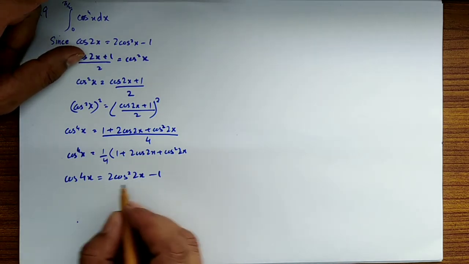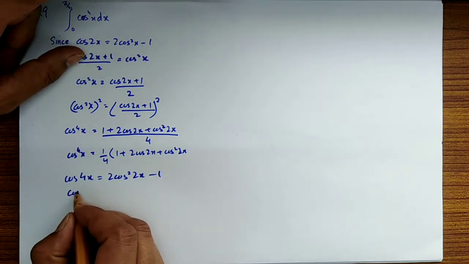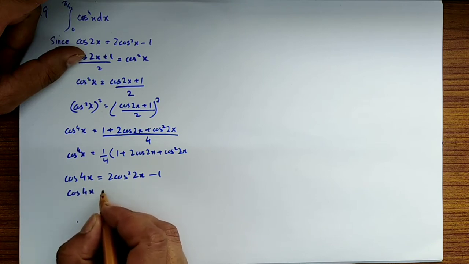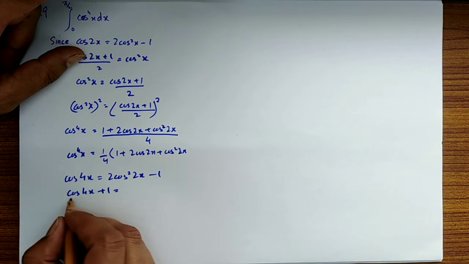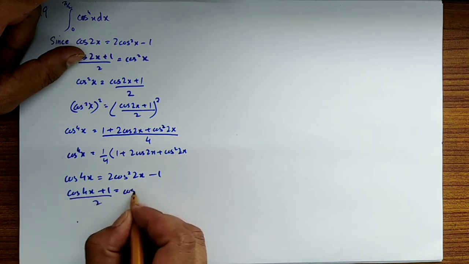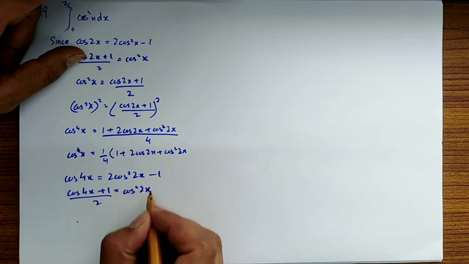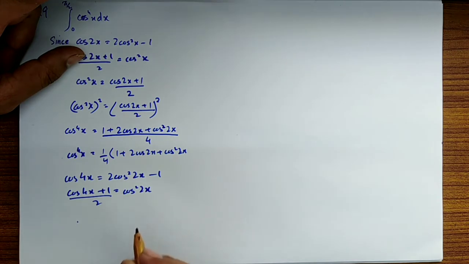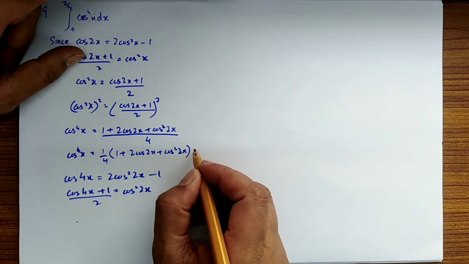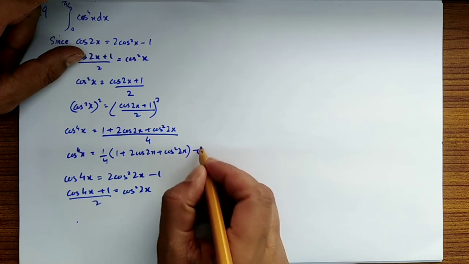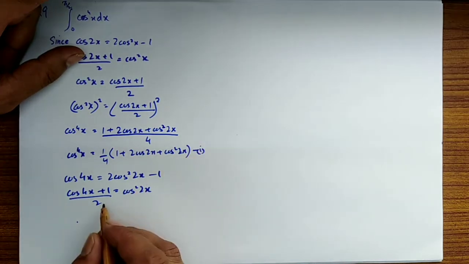So we can also rearrange this one, cos 4x plus 1, and also move this 2 into the denominator. That gives cos square 2x, right? Now we are going to use this by putting this cos square 2x in our equation number 1.